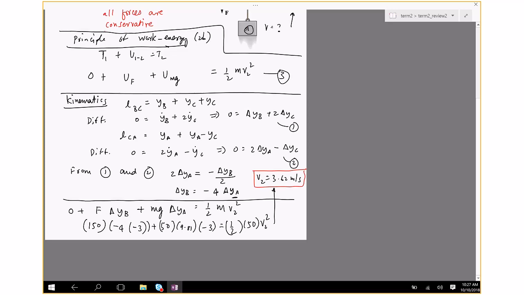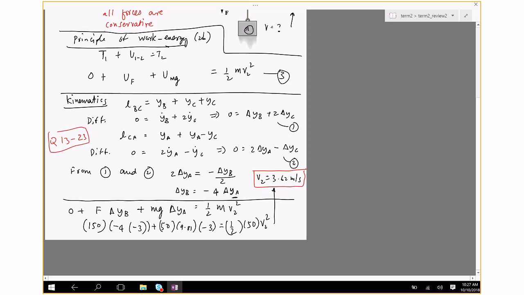By the way, this question is not from chapter 14, where we use work energy concepts. This is actually a question from chapter 13. It's 13-23. The book solves this using F equals ma. Again, you can solve this problem using F equals ma.